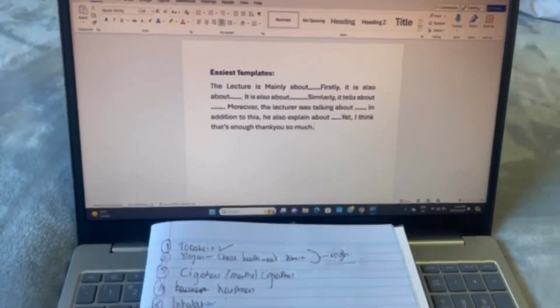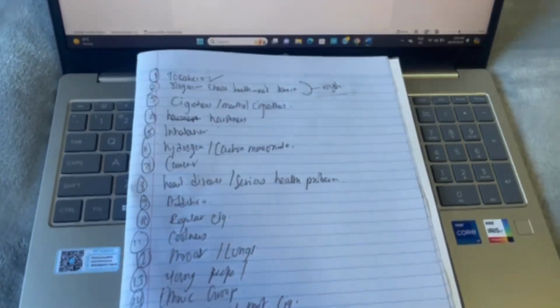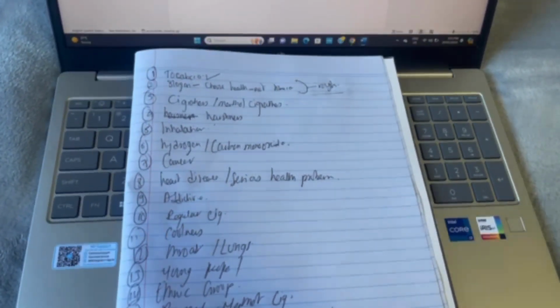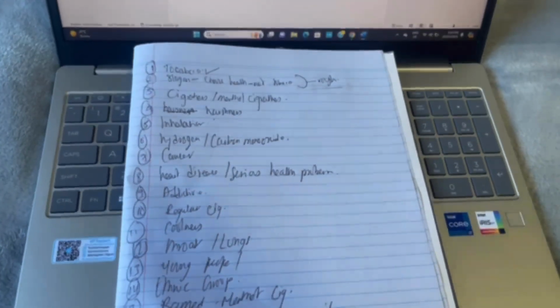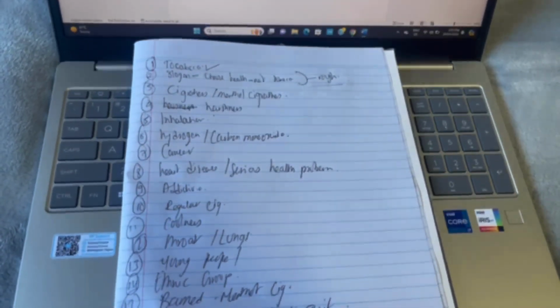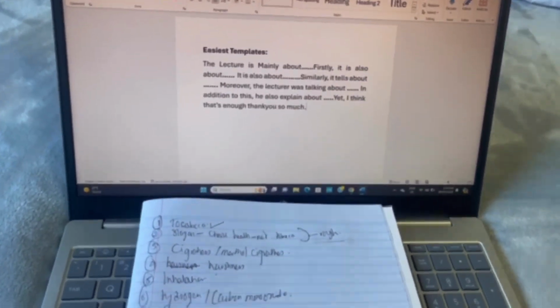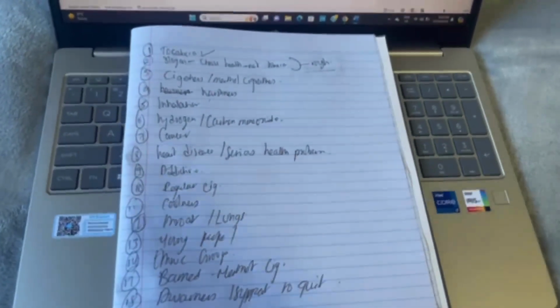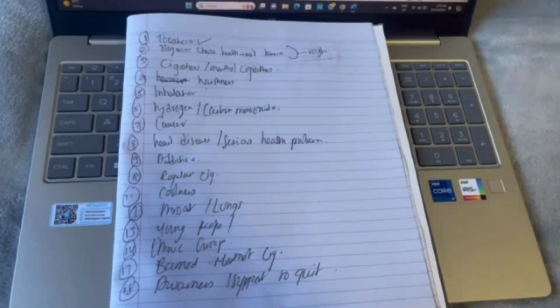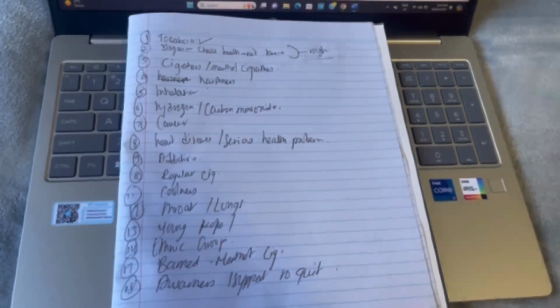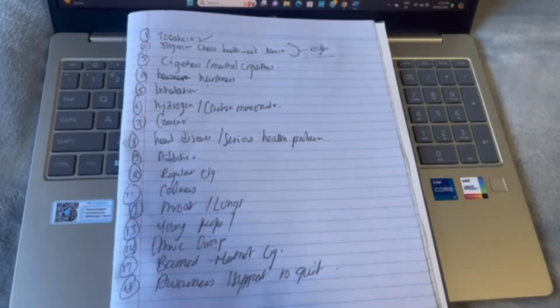Similarly, it tells about hydrogen, carbon monoxide, cancer, heart disease, serious health problems, addictive, and regular cigarettes. Moreover, the lecturer was talking about regular cigarette, coolness, throat and lungs, and it was also talking about young people and ethnic groups.